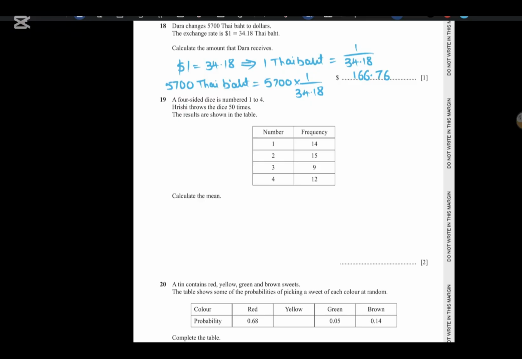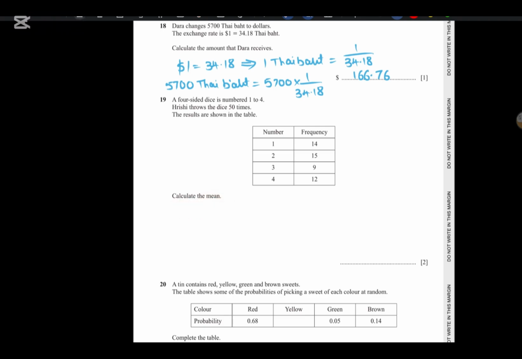Question number 19. A four-sided dice is numbered 1 to 4. Rishi throws the dice 50 times. Then we need to find out the results shown in the table. So these are the results: number 1, number 2, number 3 and so on. We need to calculate the mean of this.